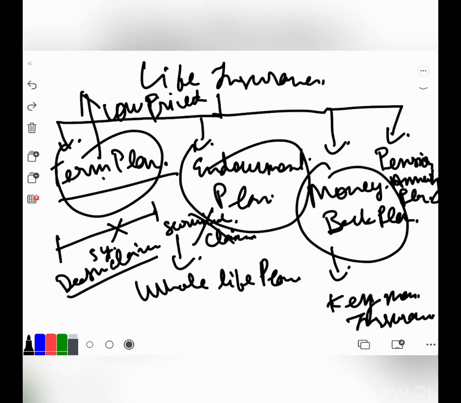So term is understood, lowest premium. Endowment plan is for marriage, for education, maturity, survival benefit is there. Money back is better liquidity. Whole life plan is for 100 years or more, the complete lifespan. There is a 100% claim.